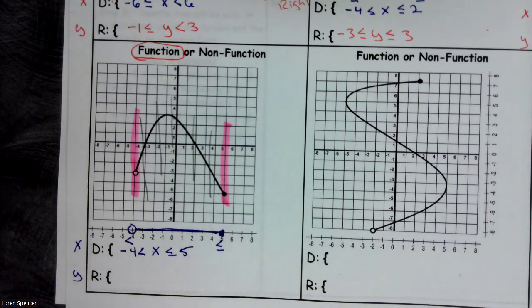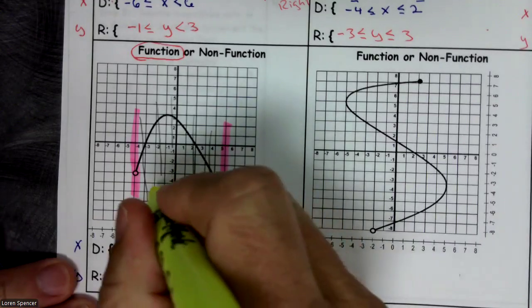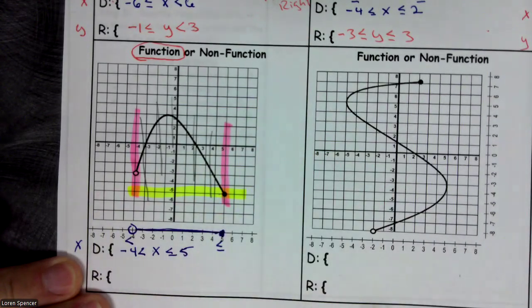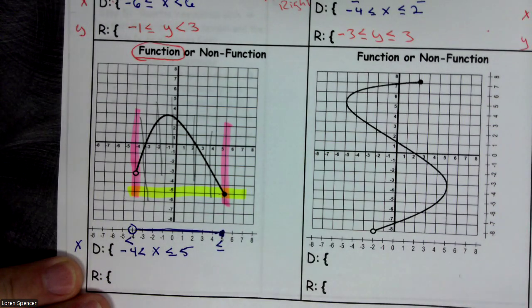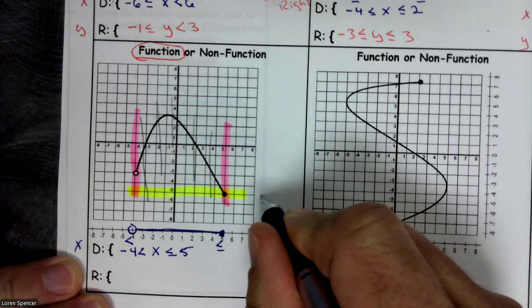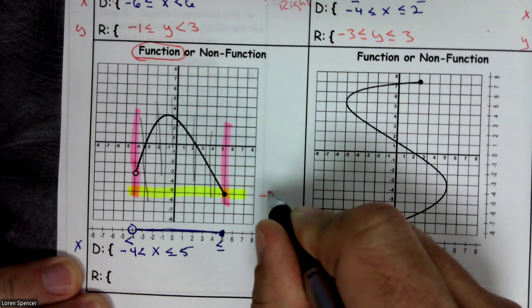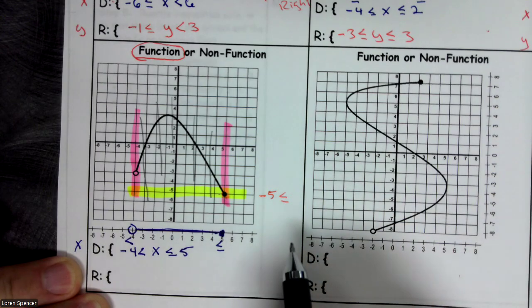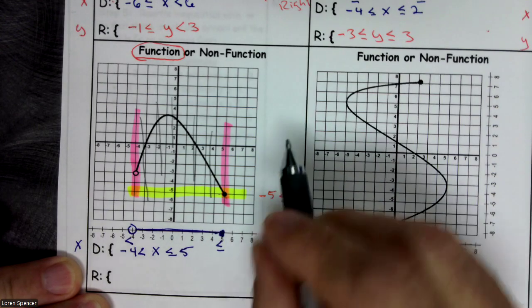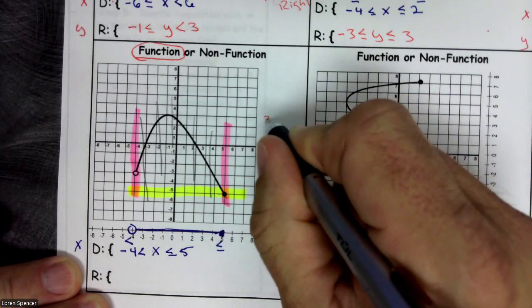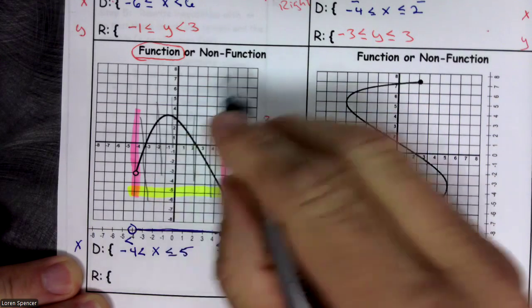Range, we're talking about the lowest value, the most negative value, or the smallest value, and we always draw to the y-axis. Oops, somehow that didn't print. So we need a -5 here, and it's a solid, so it's a less than or equal to. And we went all the way up to +3.